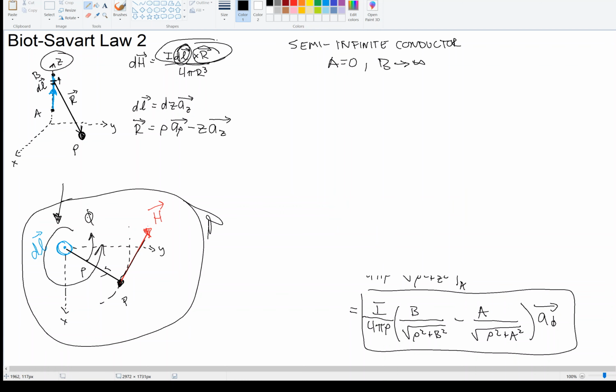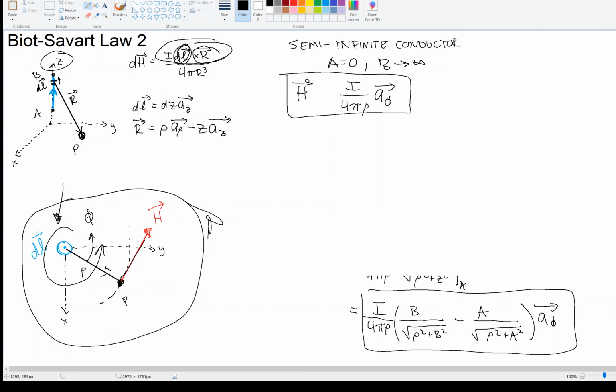That's a common case where we start the wire at the origin and we let B go to infinity. In that case, our result, well, A is 0. When B goes to infinity, this is like B over B. I'll let you think about L'Hopital's rule there. And so our magnetic field for a semi-infinite conductor is just this thing here.